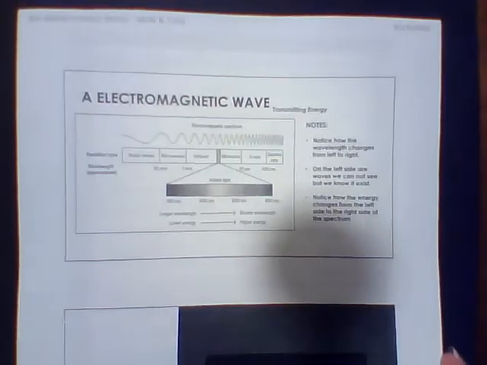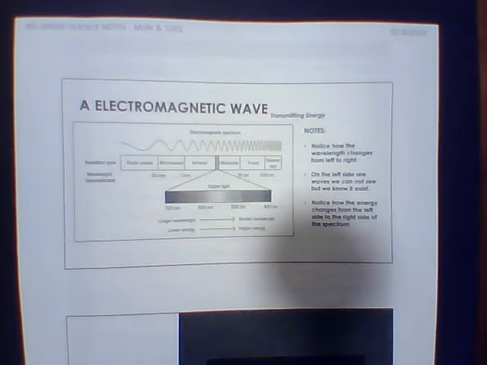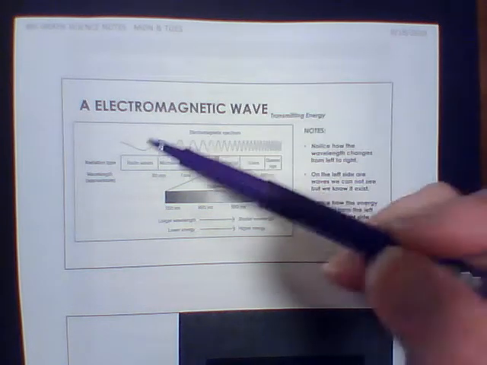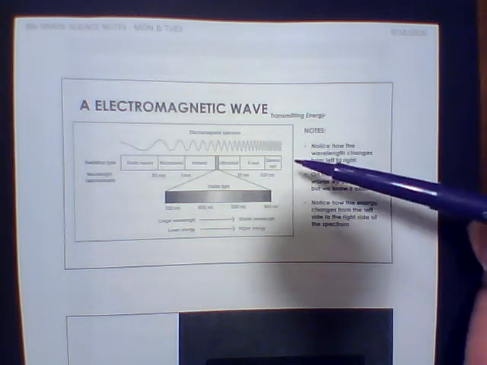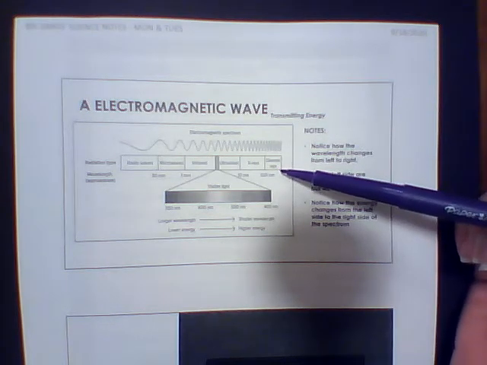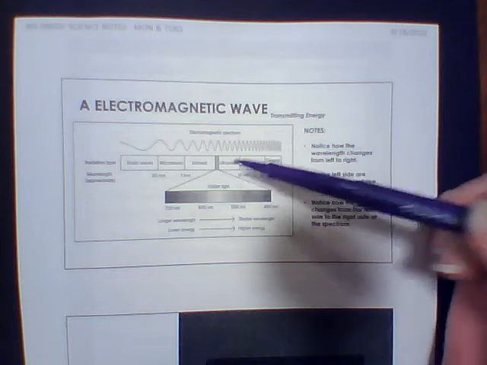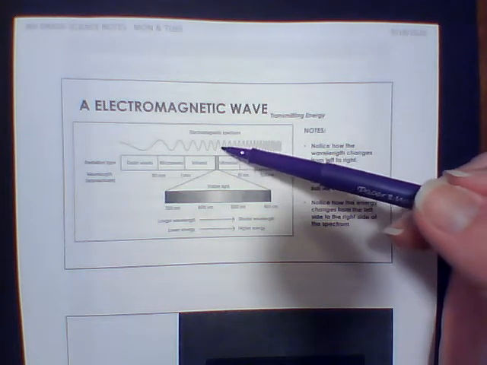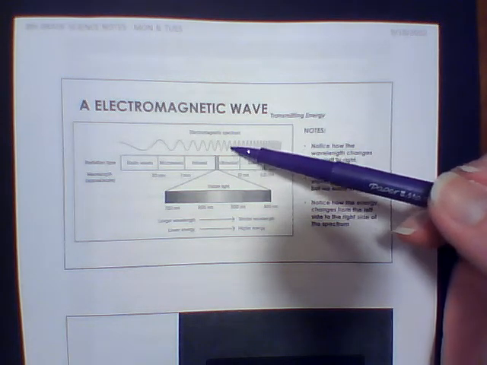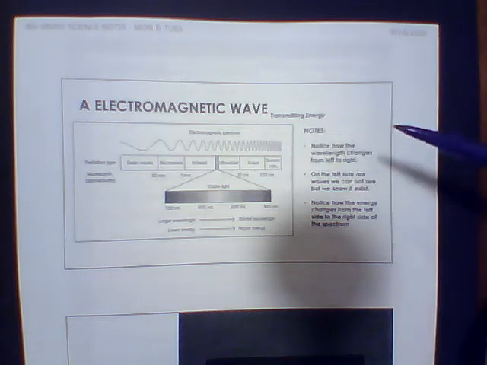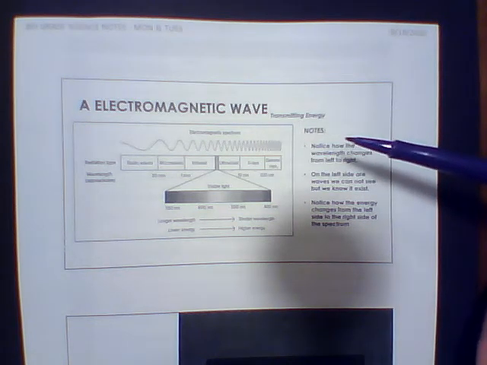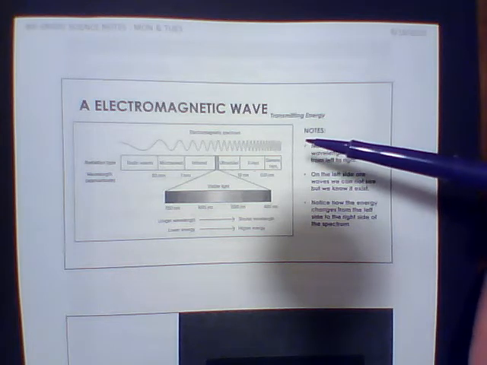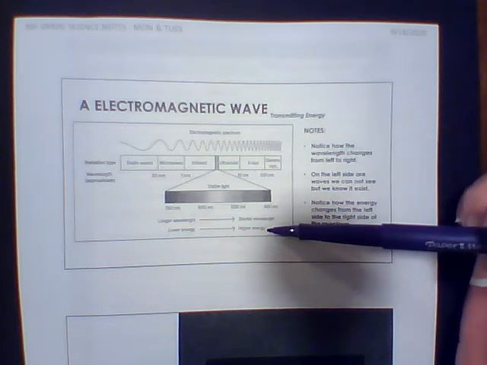So what do electromagnetic waves look like? We usually use a spectrum for electromagnetic waves. Usually the most radioactive are on the right, and those are called the gamma rays, the X-rays, and the ultraviolet waves. They're very radioactive, they give off a lot of radiation, and they usually have more energy.